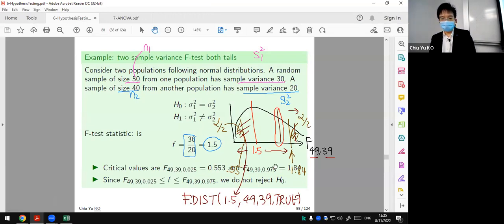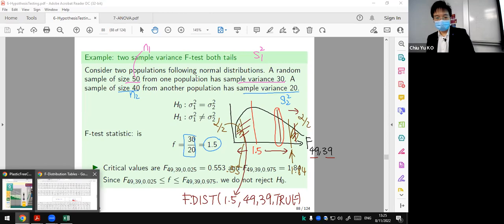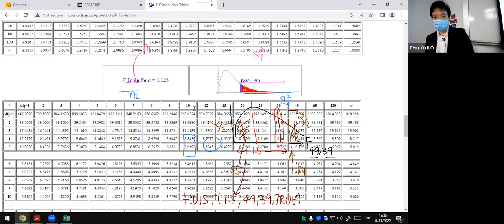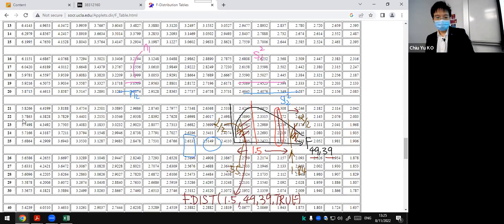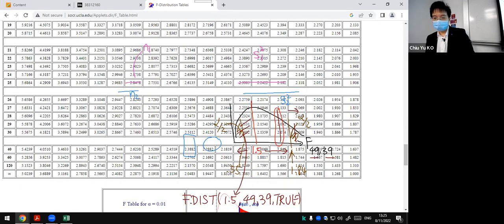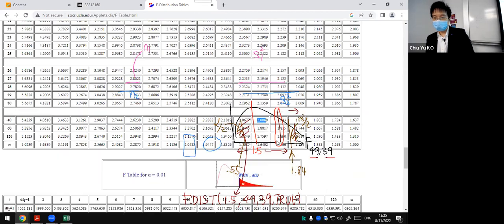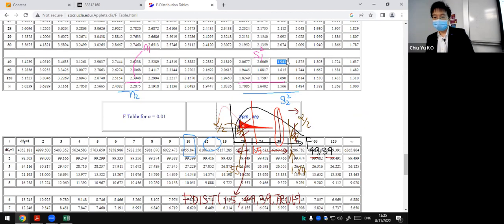And this critical value you can easily check from the F table. Maybe I can show you how you can do it. You would check the right tail 0.025 with 49. You can use 40 here, use a smaller one, and it will be something like 2 point something, or 1.93, something like that.